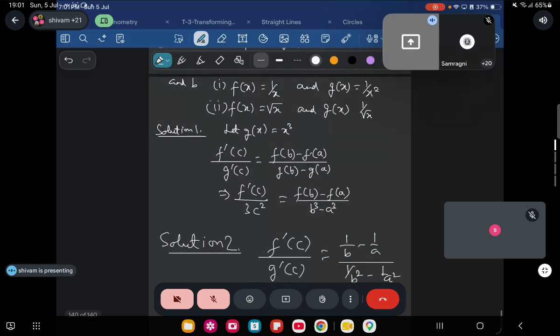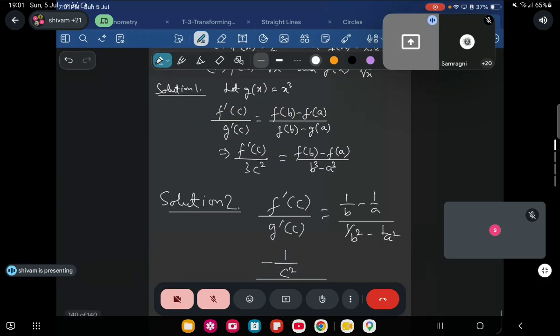Now what is f dash c? F dash c is equal to minus 1 by c square. And the denominator, what is 1 by x square? Minus 2 by c cube. This is equal to 1 by b minus 1 by a, which is a minus b by ab upon a square minus b square upon a square b square.